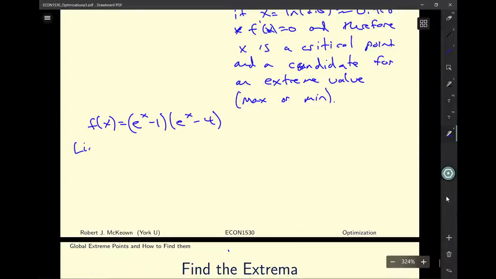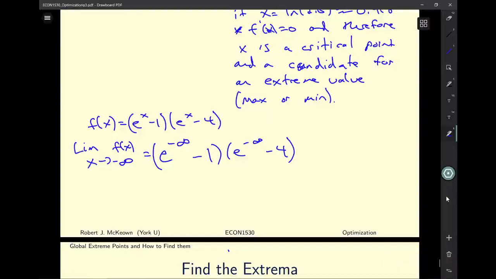And the limit of f of x as x approaches negative infinity. Thinking of negative infinity, in this case we're going to think of it as some really large negative number, or a really, really small number.